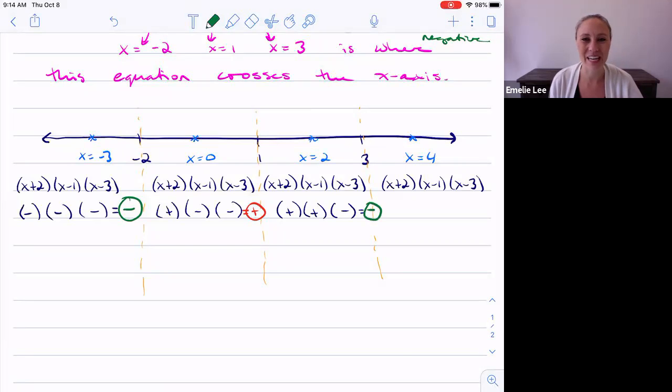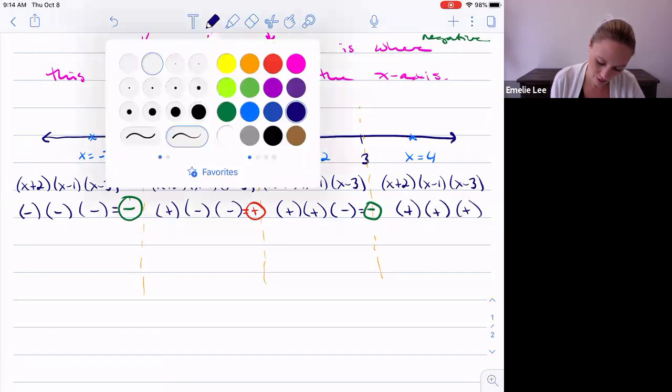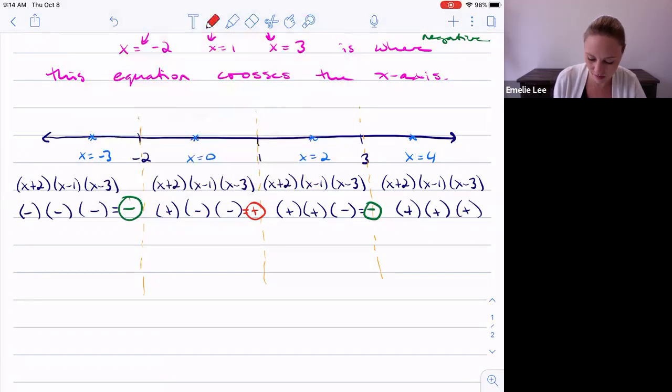Kind of weird to put negatives in green and positives in red, but since we're looking for negatives, that's what the colors are all about. And then if x is 4, 4 plus 2 is positive. 4 minus 1 is still positive. 4 minus 3 is still positive. Positive times a positive gives me a positive, which is not what I'm looking for.